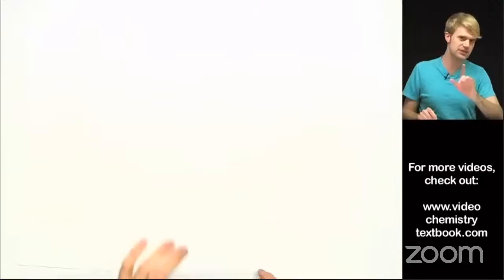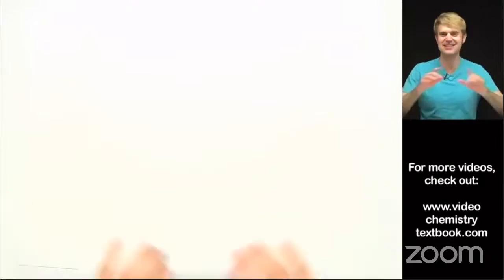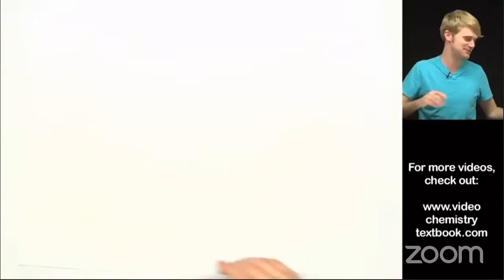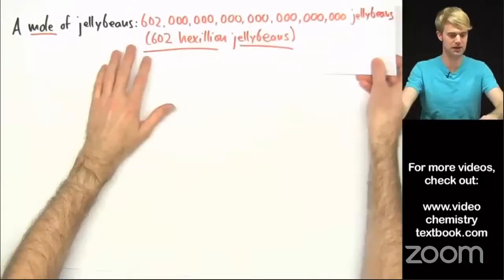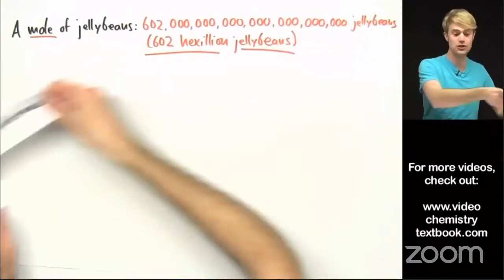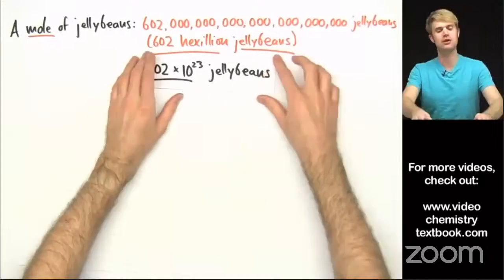The last thing I want to do is give you a sense of how gigantic this number, 602 hexillion, really is. Okay? So let's think about this mole of jelly beans that we talked about earlier. 602 hexillion jelly beans, which you know now we can abbreviate as 6.02 times 10 to the 23rd jelly beans.